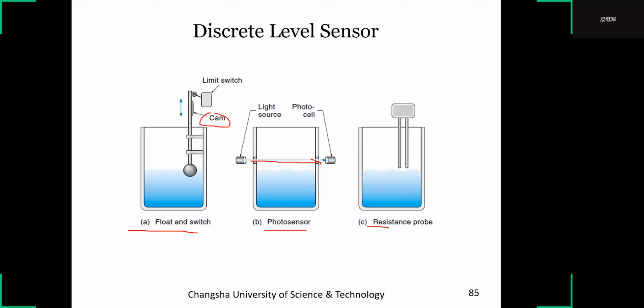It's a resistance probe. When the level is higher than this position, the resistance becomes very low.